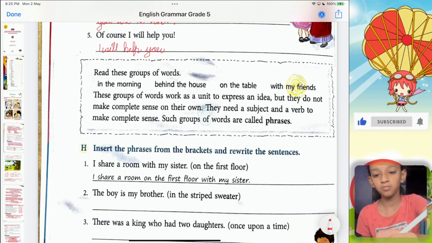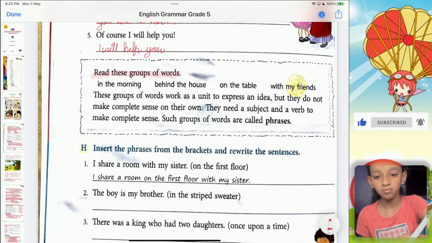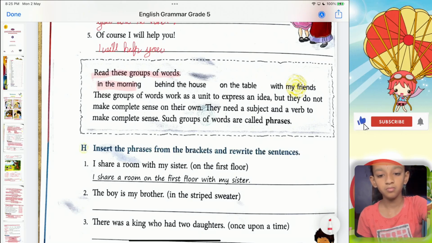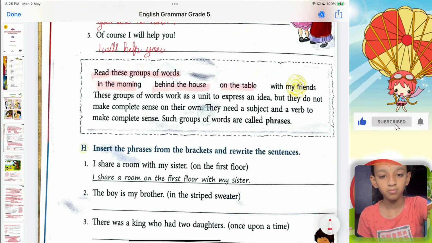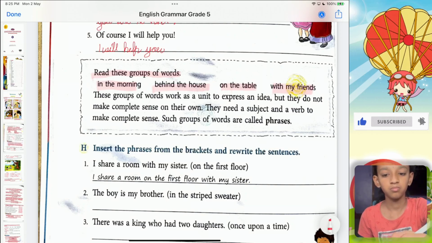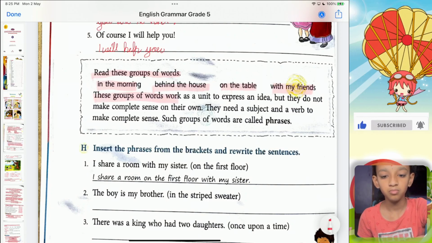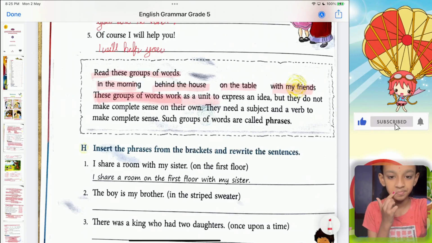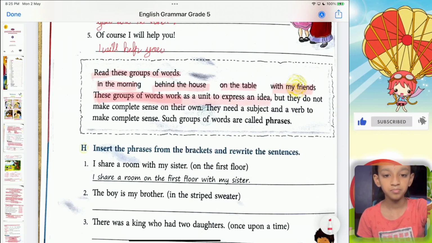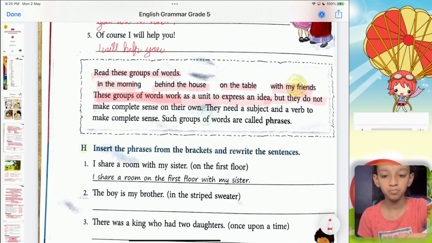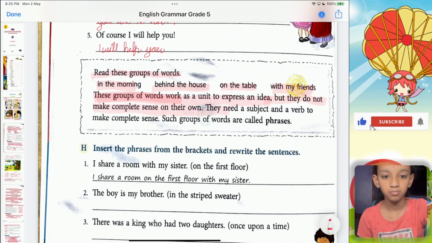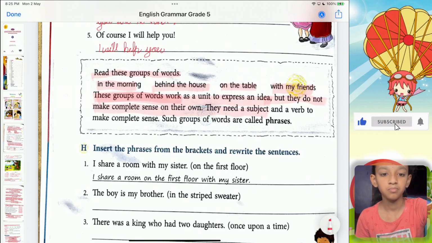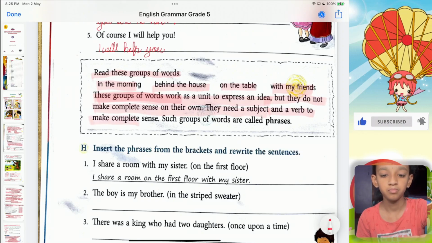Okay, read this group of words. In the morning, behind the house, on the table, with my friends. Okay, so these groups of words work as a unit to express an idea, but they don't make complete sense on their own. So they need a subject and a verb to make complete sense.